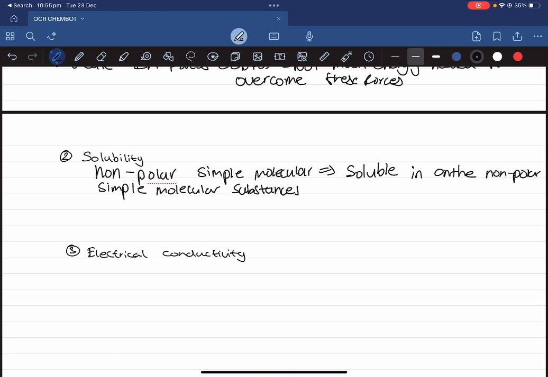The main reason why is because of IM forces. In a nonpolar simple molecular substance, the intermolecular forces break the molecular lattice. Therefore, it dissolves, and that makes it soluble.